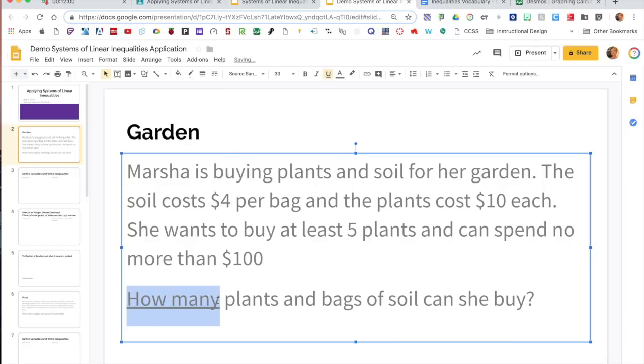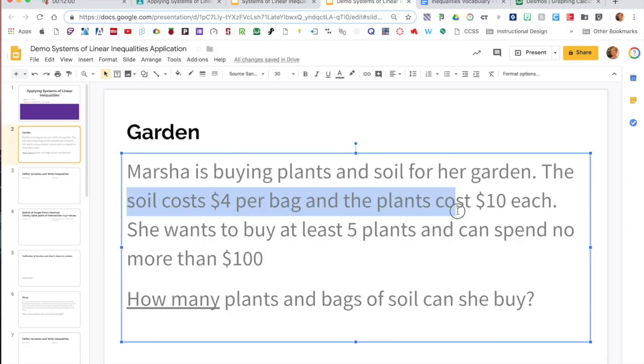I'm going to underline that using my underline tool up here at the top. Then we're told Marcia is buying plants and soil for her garden. The soil costs $4 per bag and the plants cost $10 each. She wants to buy at least 5 plants and can spend no more than $100. So some things that are important to be able to find how many: we know how much each of the items cost.